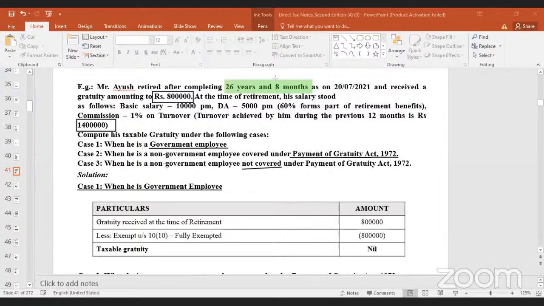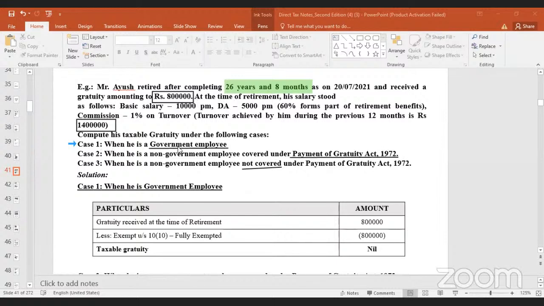So let's solve for the first one. It's case 1, when he is a government employee. You can ask me, ma'am, they've not given it in the question.